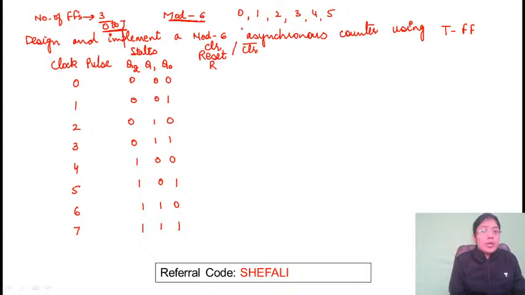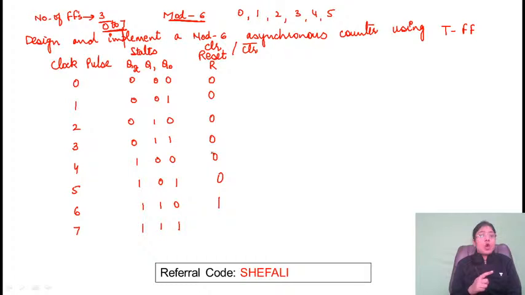After generating output 0, do you have to clear the outputs? No, not required. When will it clear? Up to 5 you have to note down the output. As soon as 6 comes, it needs to reset. Till this point, the value of R, that is reset, remains 0.